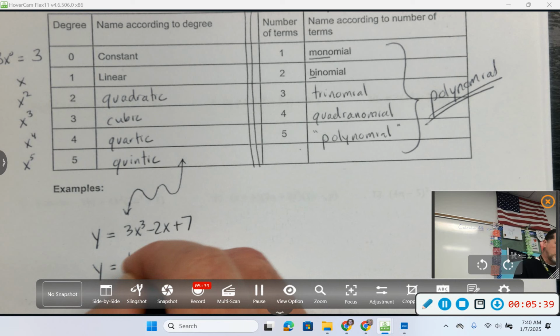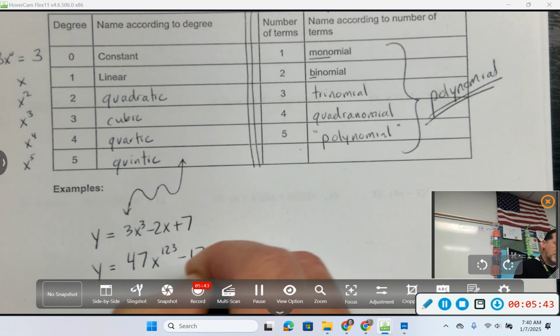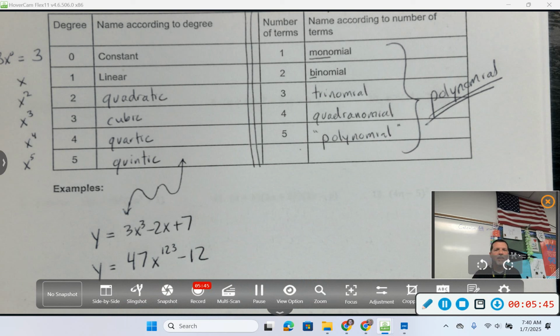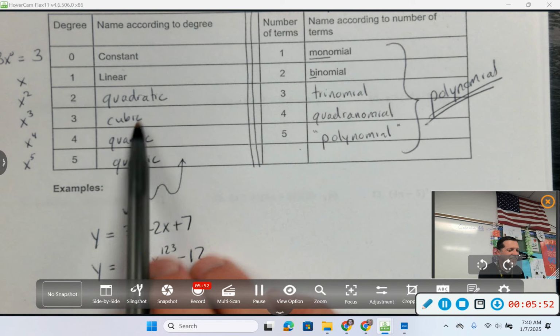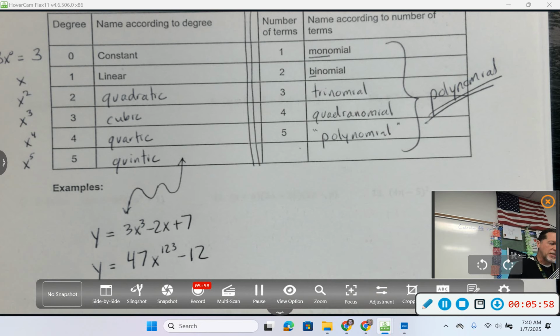Y equals 47x to the 123 minus 12. I mean, it's a binomial. I can say that. I don't know what power 123 would be, so we would not worry about labeling that one.